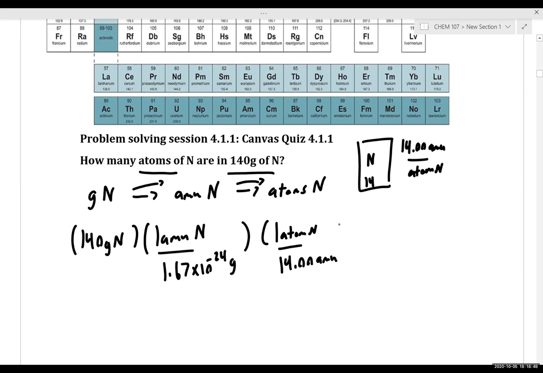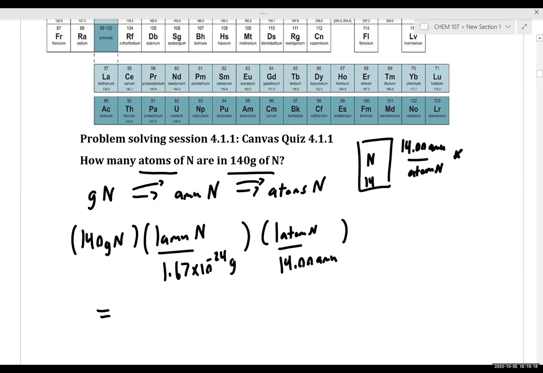I'm getting a little bit ahead of myself here. You'll see why in a moment, but there's a faster way to get through this problem that goes through moles rather than AMUs. Just to summarize, we went from grams of nitrogen to AMUs using our conversion factor, and then we can go from AMUs of nitrogen to atoms of nitrogen using our atomic mass.